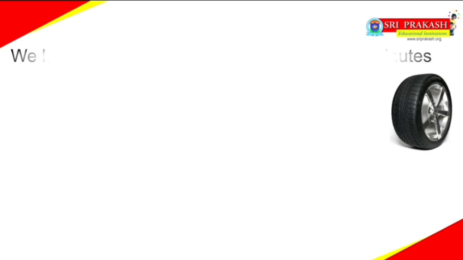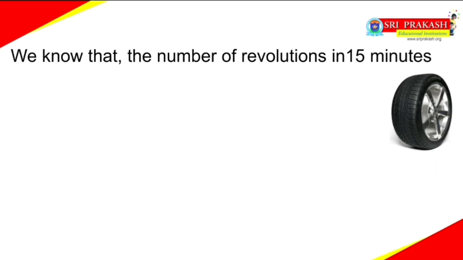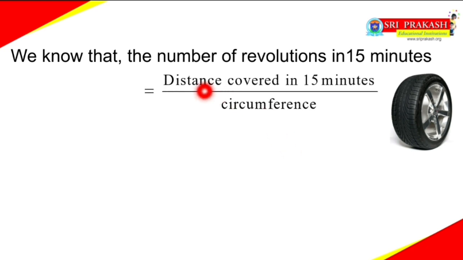Children, we know that the number of revolutions made by the wheel in 15 minutes is always equal to the distance covered in 15 minutes whole by the circumference. Let us substitute these values, then we get 15 lakh whole by 1320 by 7.